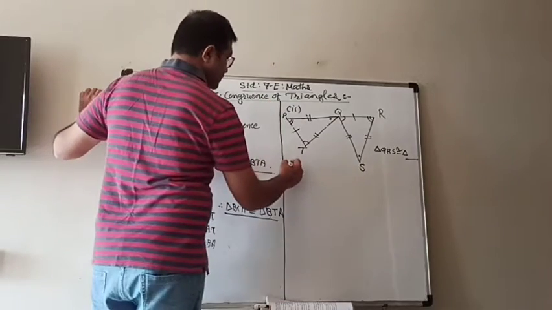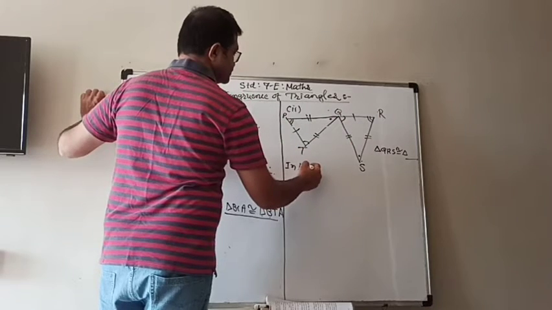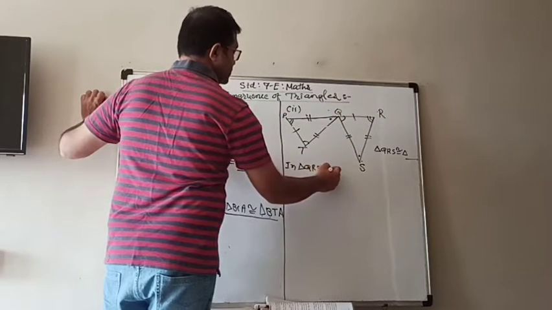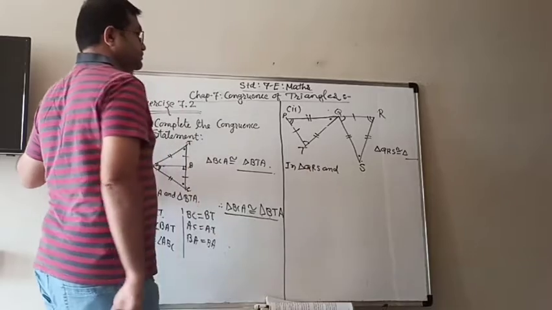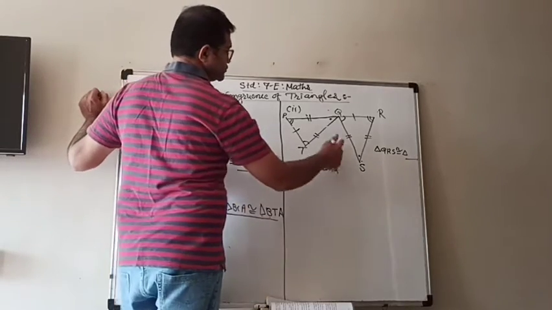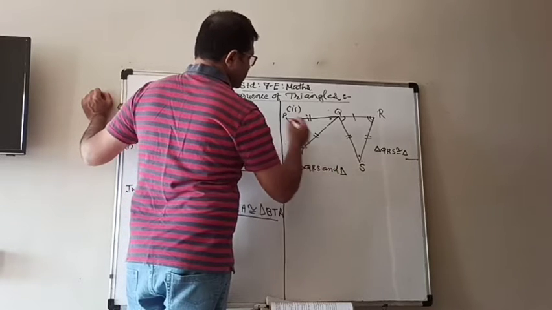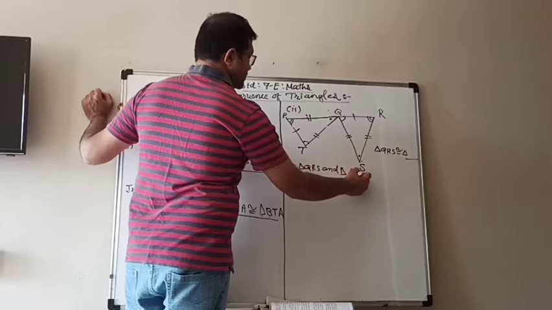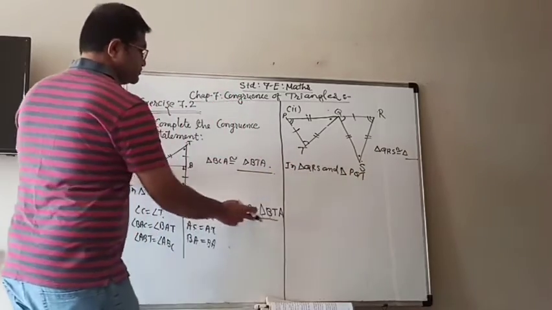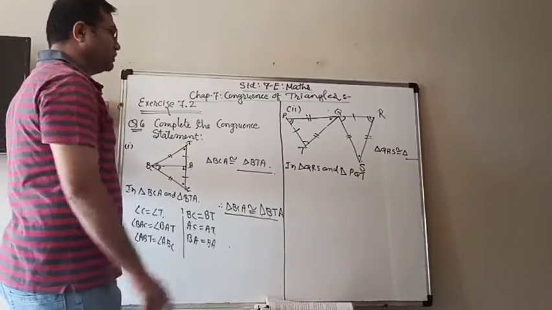So now in triangle QRS and triangle, here you can write any name, PQT, but when we write the congruence, we will have to write it perfectly in order.